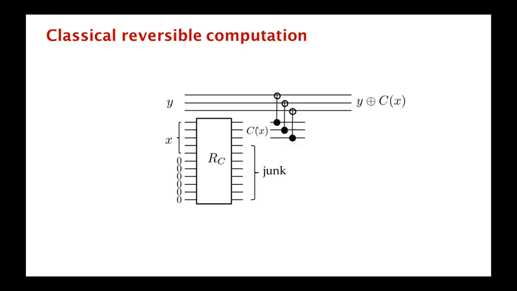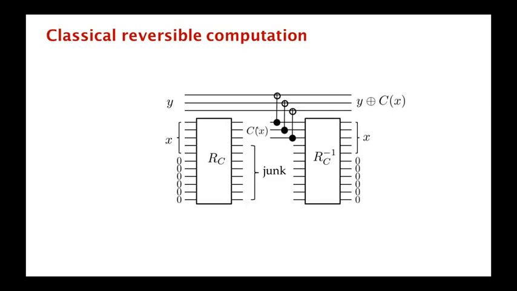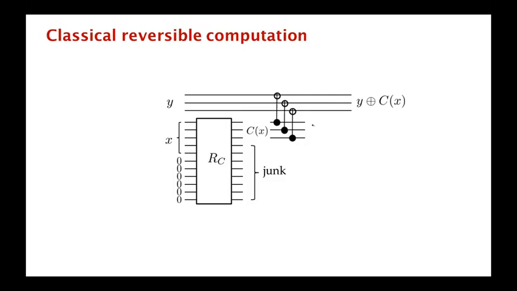Before we apply the inverse circuit, we start with some fresh bits where we set y to be all zeros, and then we do a CNOT from each of these answer bits into these y bits. So if y is 0, then we get a copy of the answer bits, the output of the circuit.